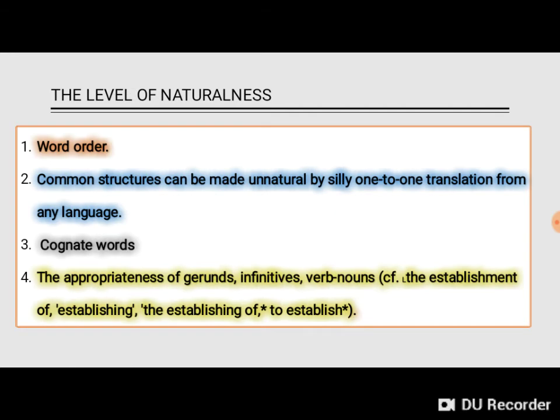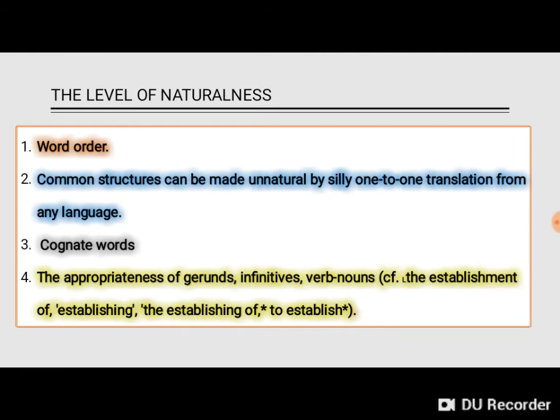We have the level of naturalness. We have the steps to follow: the word order, common structures, cognate words, the appropriate use of gerunds, infinitives, verb nouns. The fact is, if an SL expression is old-fashioned or refined, that is irrelevant since you translate into the modern target language.